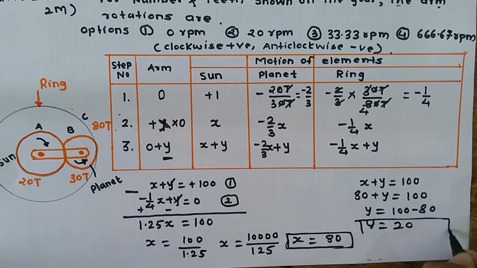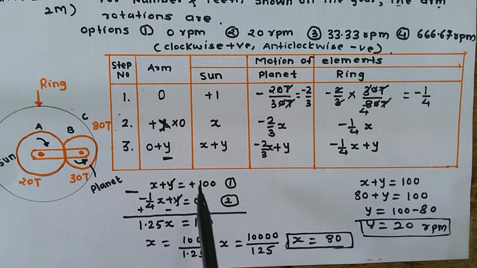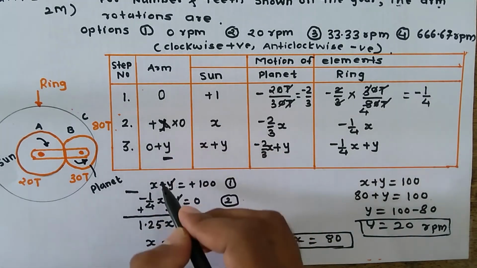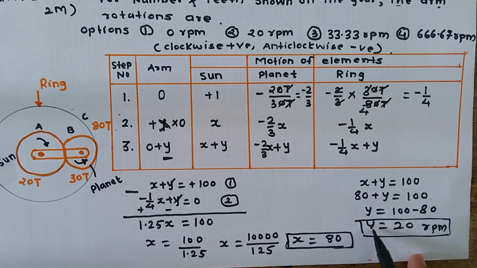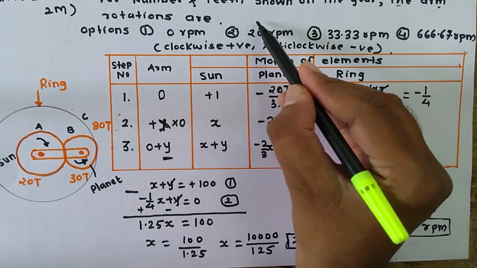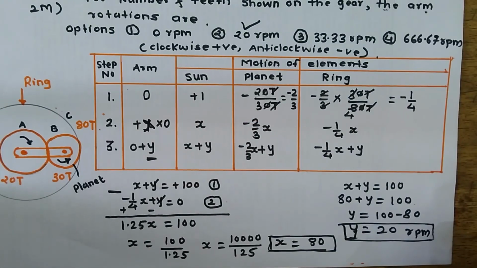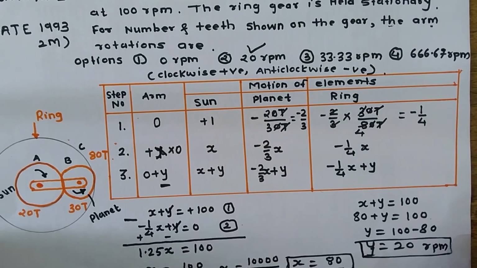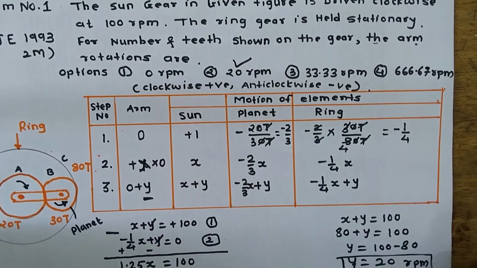So the arm rotation is 20 rpm. From the options, 20 rpm is the correct option. This type of problem is always asked in the GATE exam. Here I have explained it stepwise.